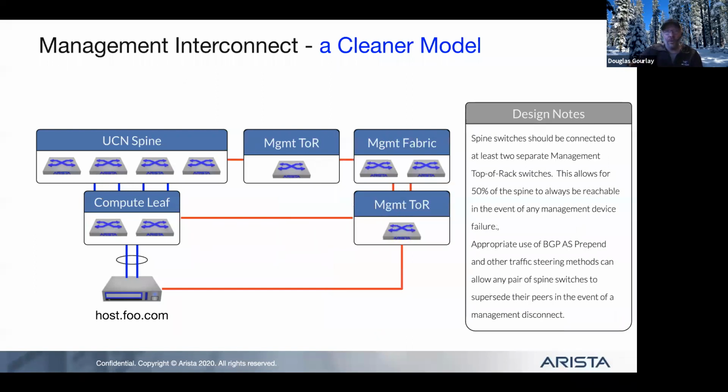Document it, know why you're doing it, make your runbooks align to your policies, to your controls. It can be okay, but be aware of it. So this is basically showing that right now you can see the spine, the compute leaf, and the critical hosts all having some level of access to the out-of-band management network in this scenario.